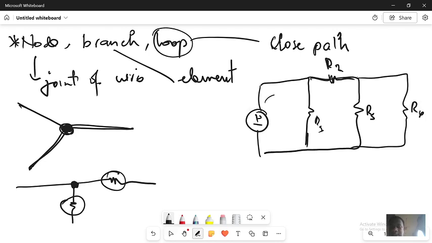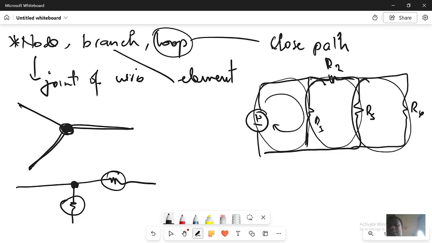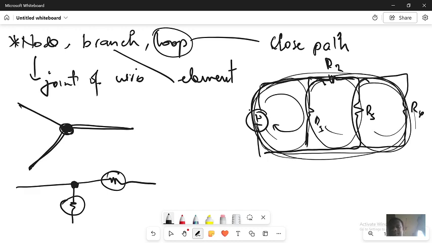Meaning that this one is a loop because it's a closed path. This one also is a loop because it is a closed path. This one also is a loop. The whole from here to here is also a loop. So we have this loop, this loop, this loop, and the biggest loop. That is the loop and node and the branch.